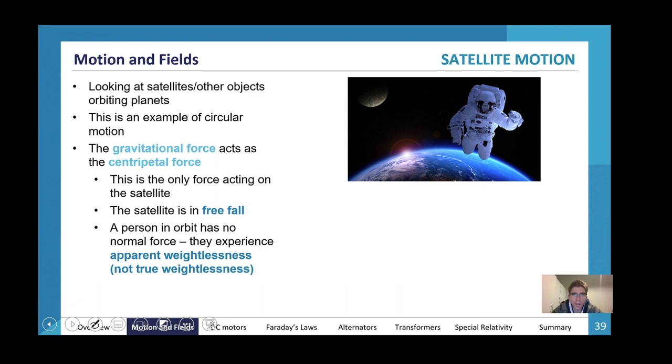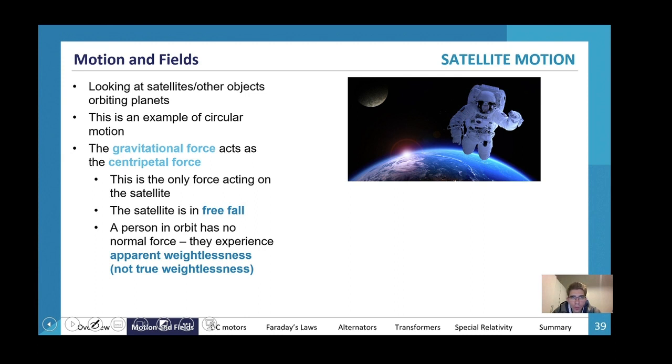Now, because satellites move almost in circles, for VCE purposes we will assume their motion is a perfect circle. It means that the gravitational force acting on them acts as a centripetal force, because it is the only force acting on the satellite. Therefore, the satellite is in freefall.